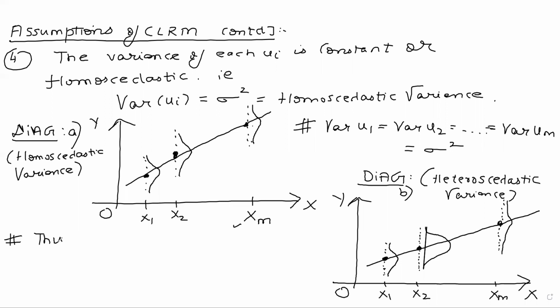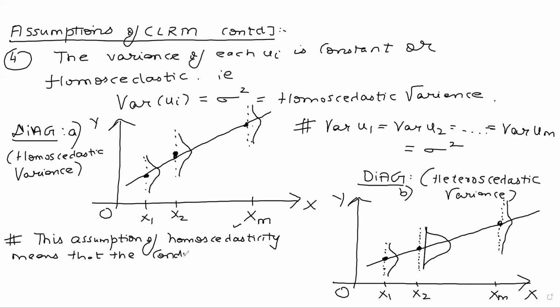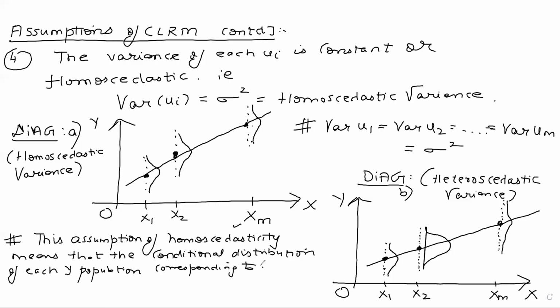This assumption of homoscedasticity means that the conditional distribution of each y population corresponding to the given value of x has the same variance.